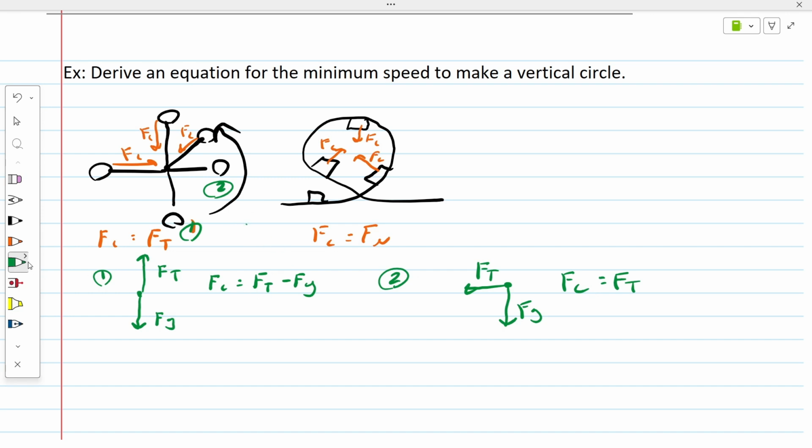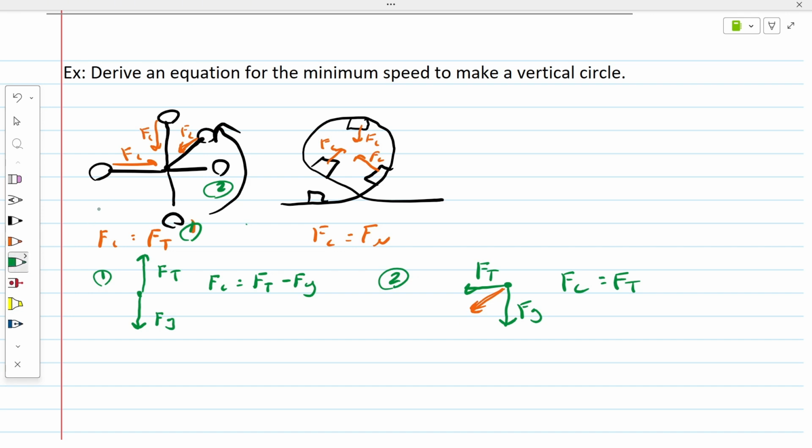And this makes sense because our net force overall is right here, and we know that the net force is going to be pointing this way. But if we're looking at the centripetal force, it'll be right here.